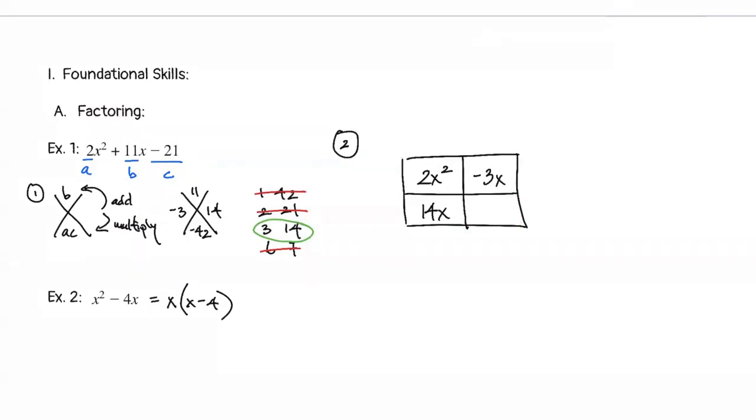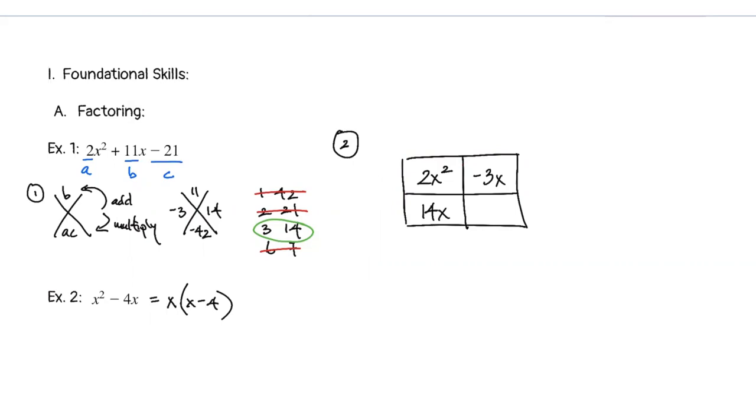All right. So here's how this is going to work. Our goal is to fill out the outsides of this. So what can we multiply to make 2x squared? One.